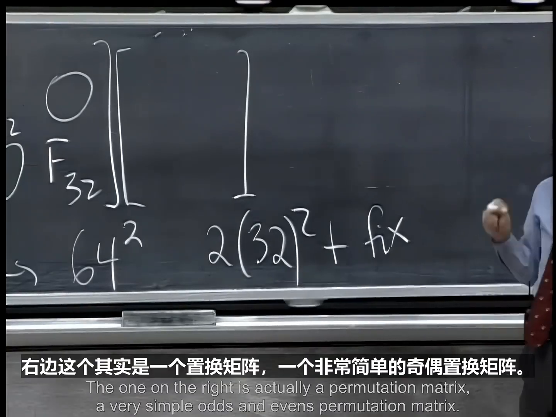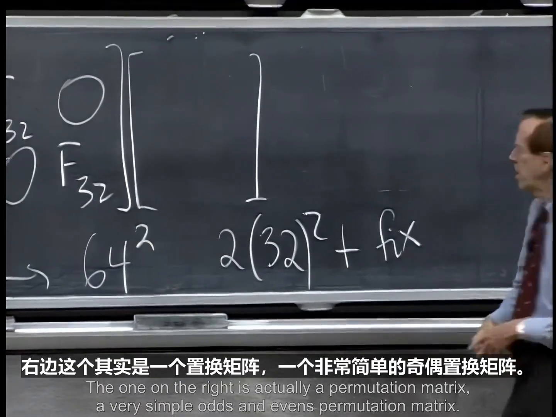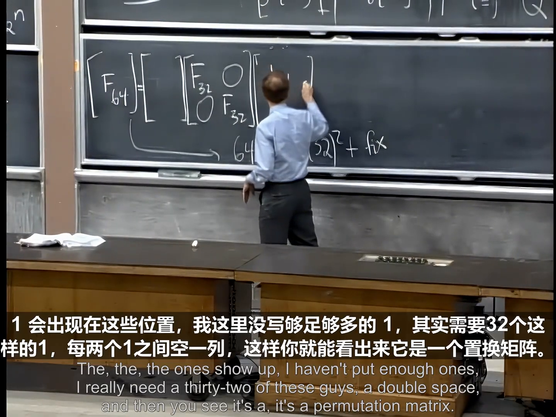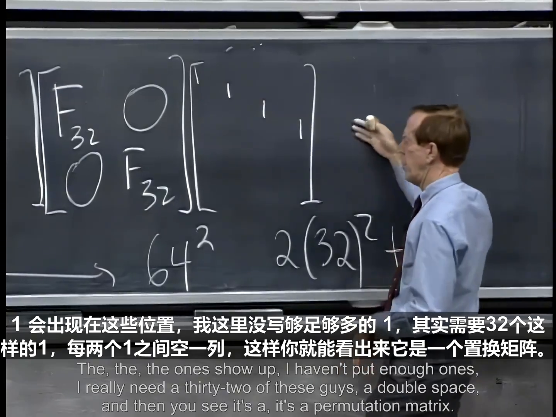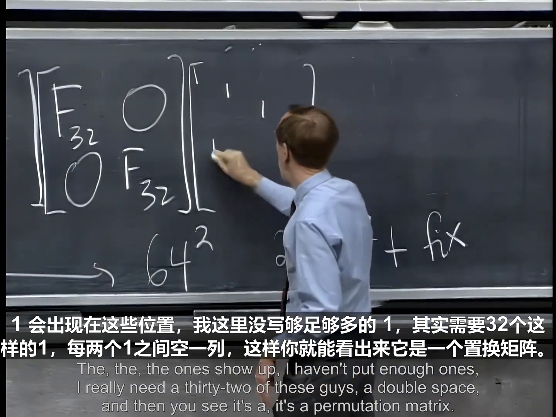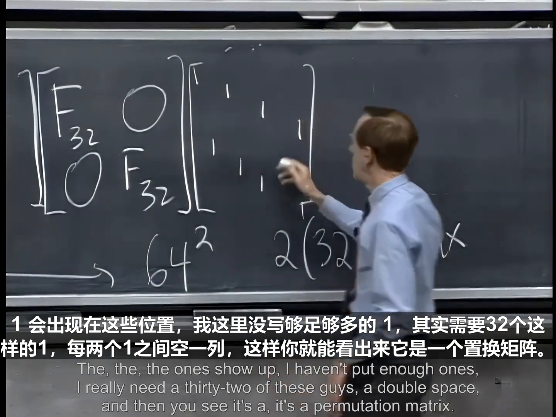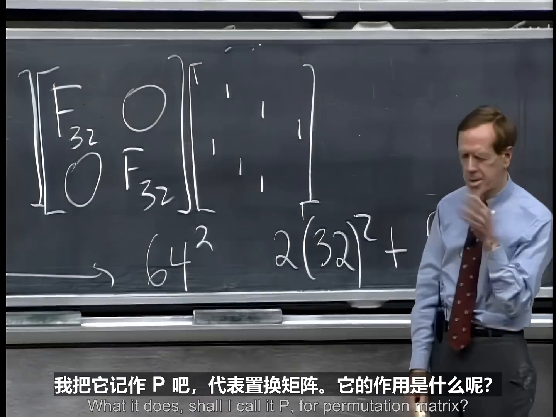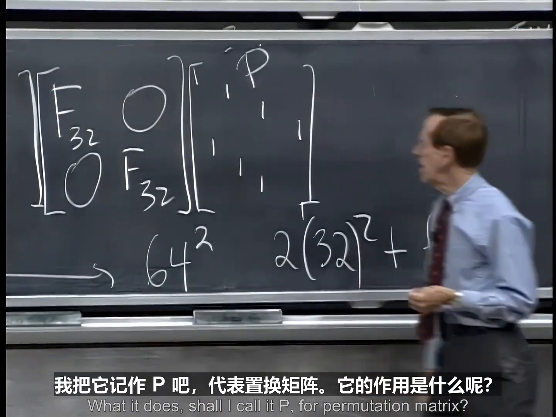The one on the right is actually a permutation matrix, a very simple odds and evens permutation matrix. I really need 32 of these ones at double space. And then you see it's a permutation matrix. Shall I call it P for permutation matrix?